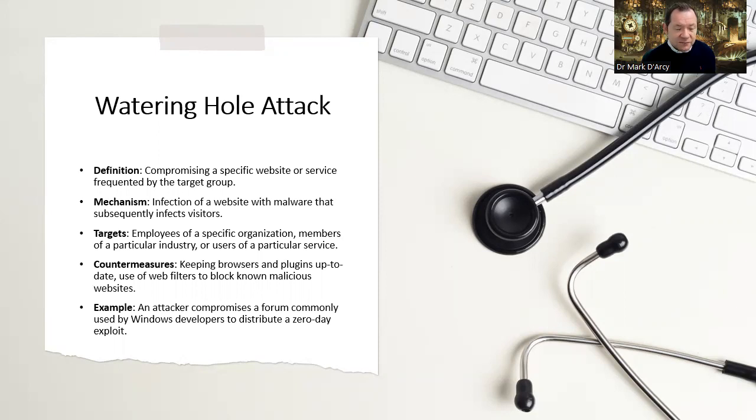Basically, to counter this, you need to keep browsers and plugins up to date, use web filters to block non-malicious websites, that kind of thing. Always keep the security to its highest. An example: an attacker compromises a forum, commonly used by Windows developers, to distribute a zero-day exploit.